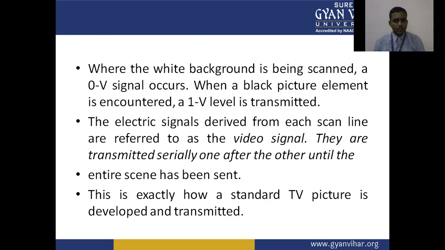They are transmitted serially, one after the other, until the entire scene has been sent. This is exactly how a standard TV picture is developed and transmitted. So this is the complete process of how the video signal is developed and transmitted, and the picture is received by the receiver.